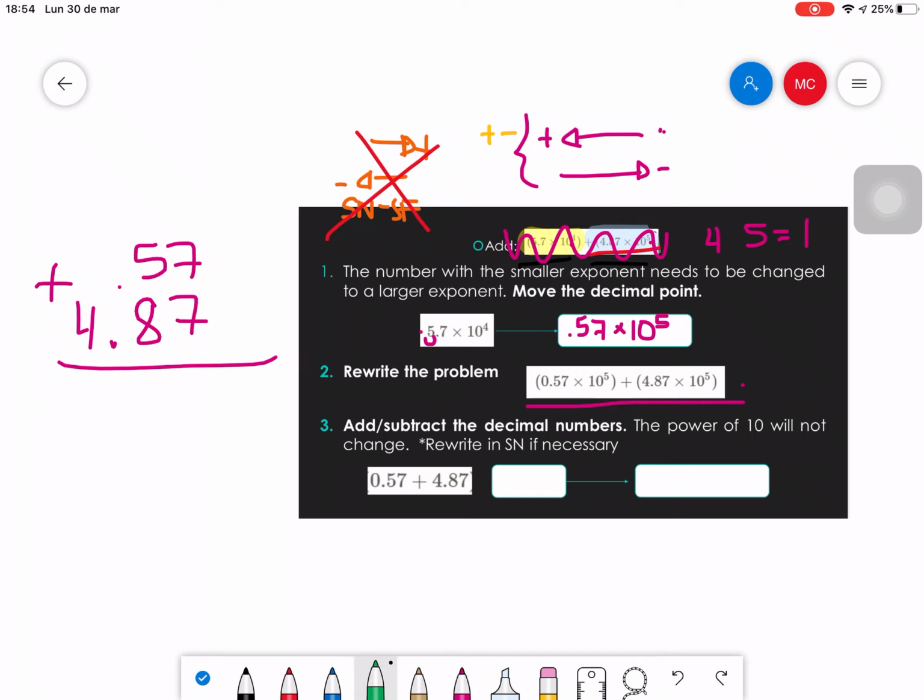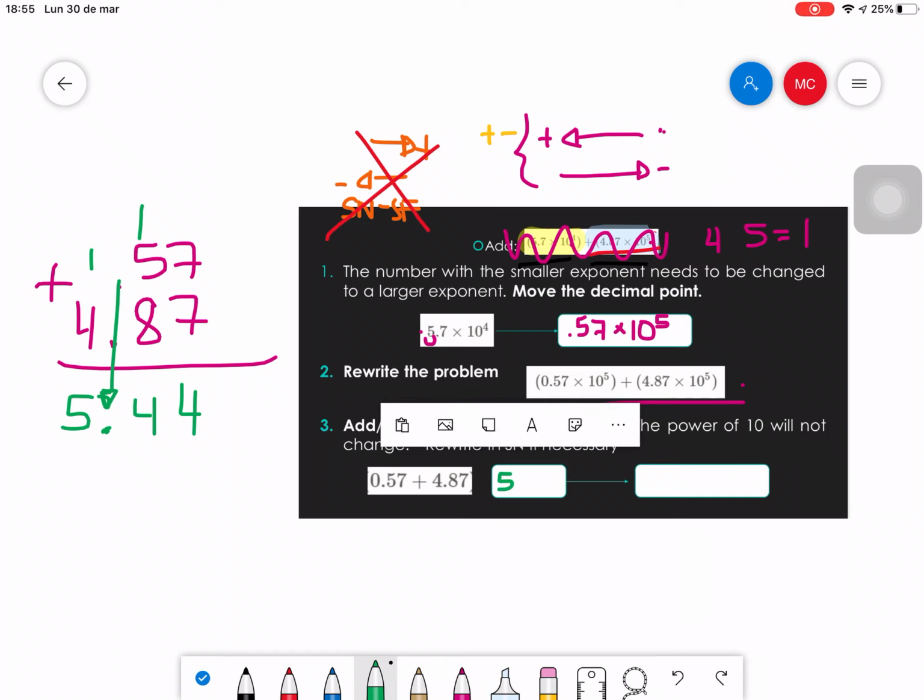Add as you are used to do it. 7 plus 7 is 14. 5 plus 8 is 13, plus 1 is 14. And then 4 plus 1 is 5. Remember, when you are adding, you put down the decimal point. So my answer, this was an error. My answer is 5.44. That is the answer for the addition.